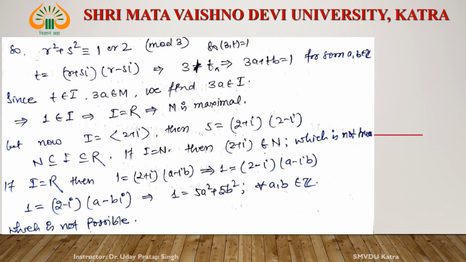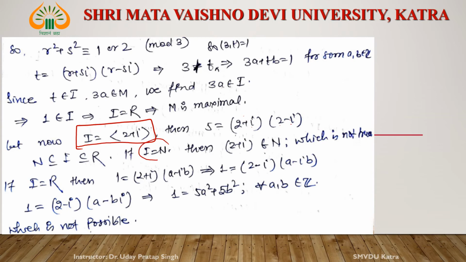Let us consider I generated by 2 plus i. Then what is 5? 5 is equal to 2 plus i times 2 minus i, that is (a plus b)(a minus b). Okay, this N is a subset of I, which is a subset of R, right?